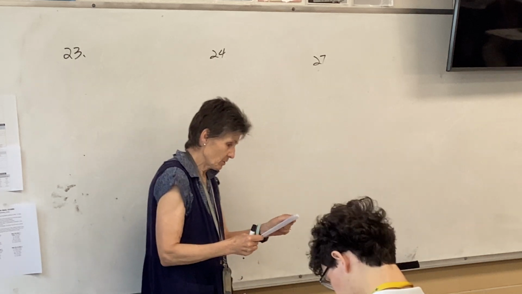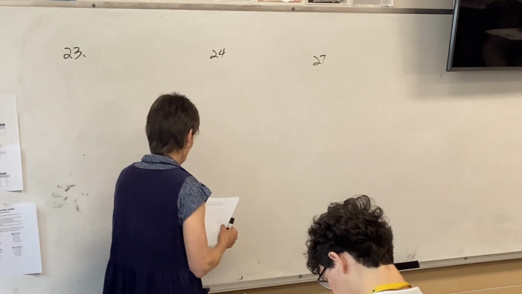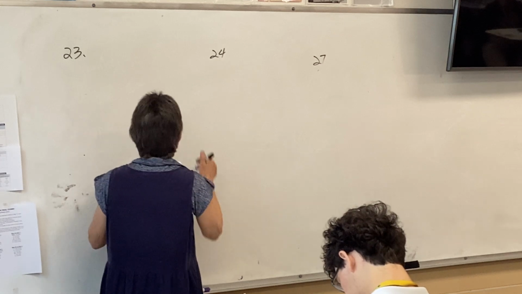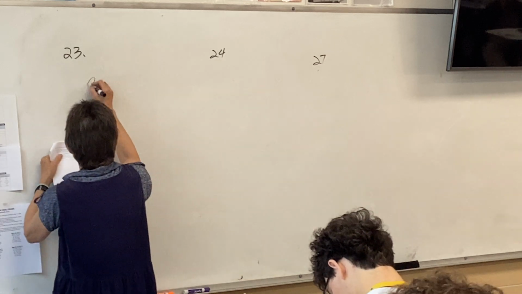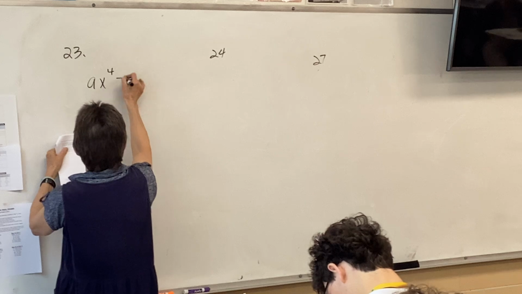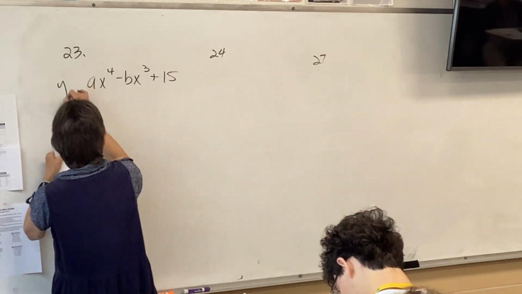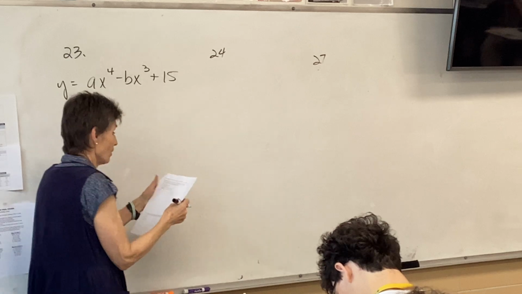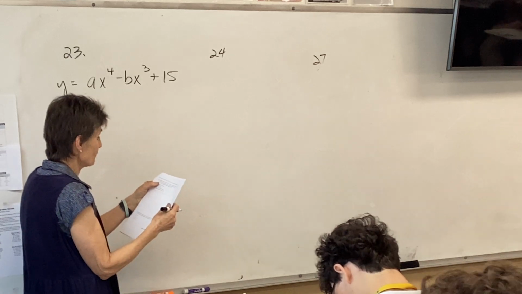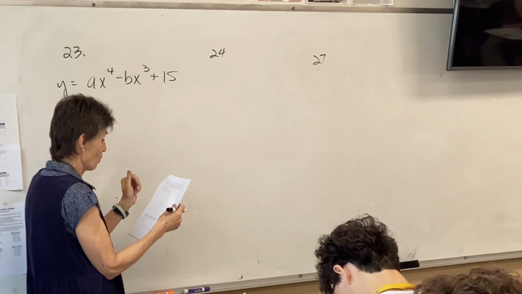A polynomial function k of x equals ax to the fourth. Okay, so A and B aren't 0. Each of the zeros has multiplicity 1.